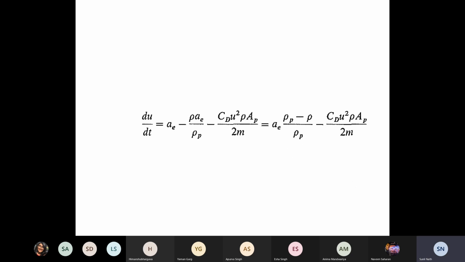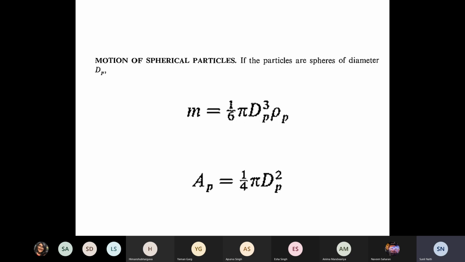So what you have to do is in the next slide. It will show up soon for you. The mass can now be represented in terms of the particle density and the sphere's diameter. And the projected area of the sphere is just 1 by 4 pi dp squared, that is, pi r squared, essentially the cross-sectional area.